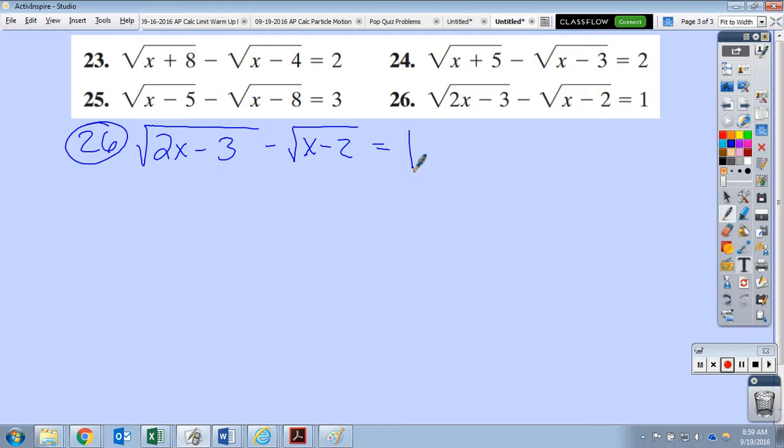Doesn't matter which. Isolate, it doesn't matter, but yeah, just isolate. Right. Well, I'm going to add this guy to both sides. Yeah, that makes sense. That way he remains the same sign, positive 1.